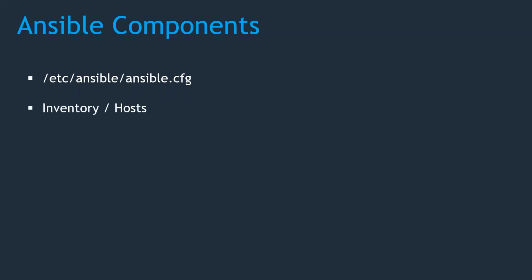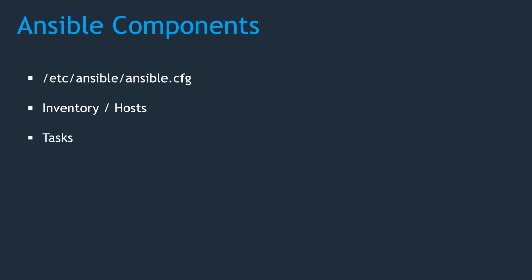Next, inventory and hosts. We already discussed this one. The inventory or hosts file is where we keep all our managed servers' information. If you remember, we have added our RHEL and Amazon Linux systems to this inventory file. Next, tasks.